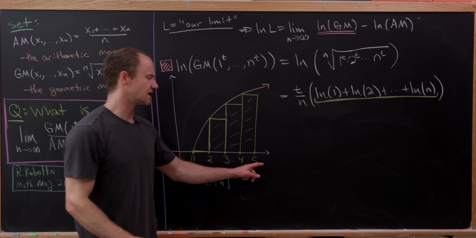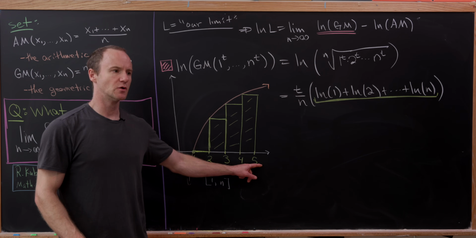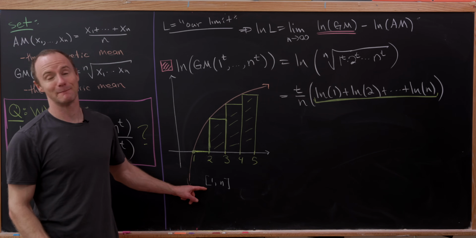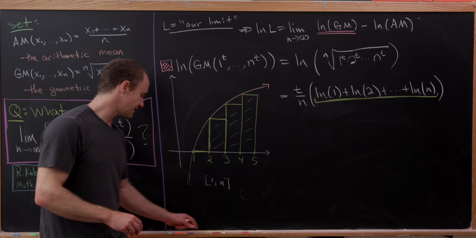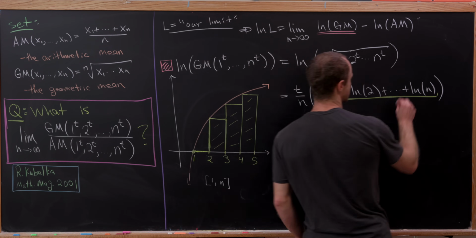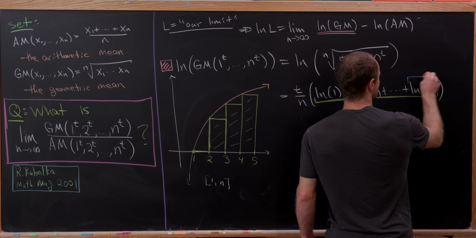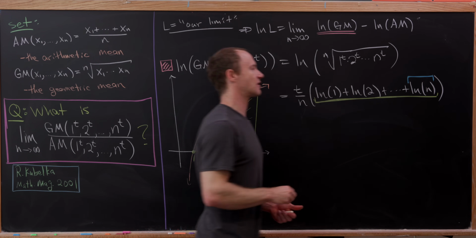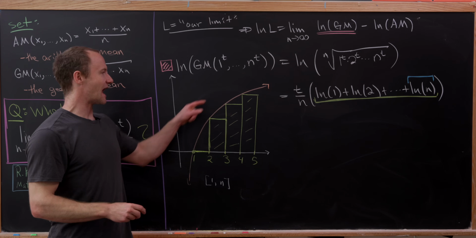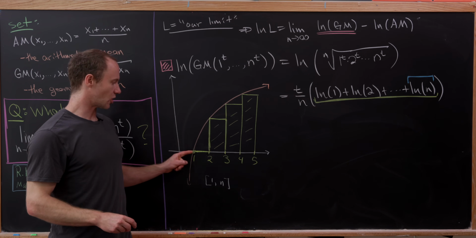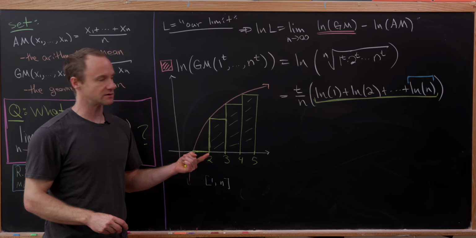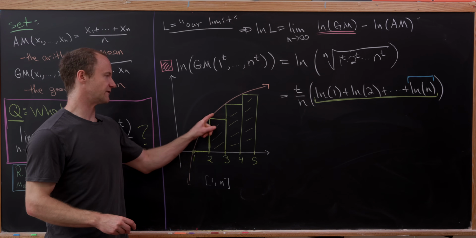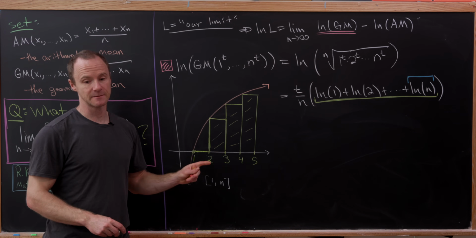So that means the last rectangle will have an endpoint of n minus 1. So that means we've got this extra term here. Okay, but that's okay. We can take care of that. And so notice that the area under the curve is definitely larger than the area under these rectangles, because we've got all of this bit here that we're missing.